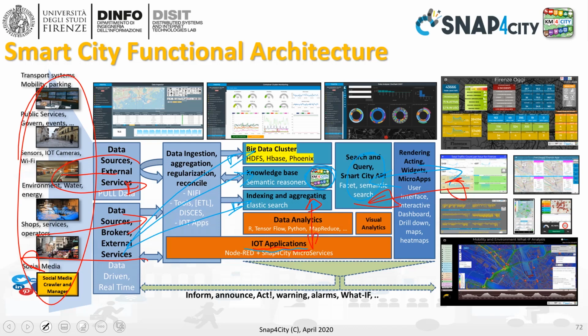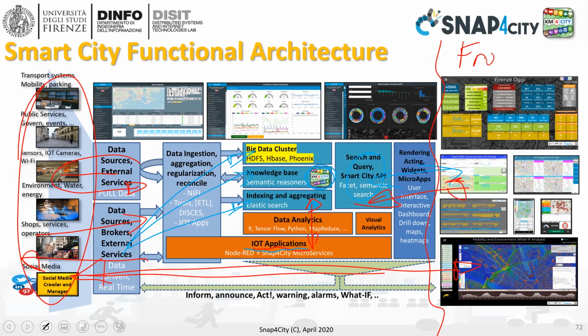So through the IoT application and dashboard, you can really be bidirectional with the events you may have. And so your front end could be dashboards and apps, but you also have from Snap4City a number of tools here for controlling and managing your smart city. This is very important.